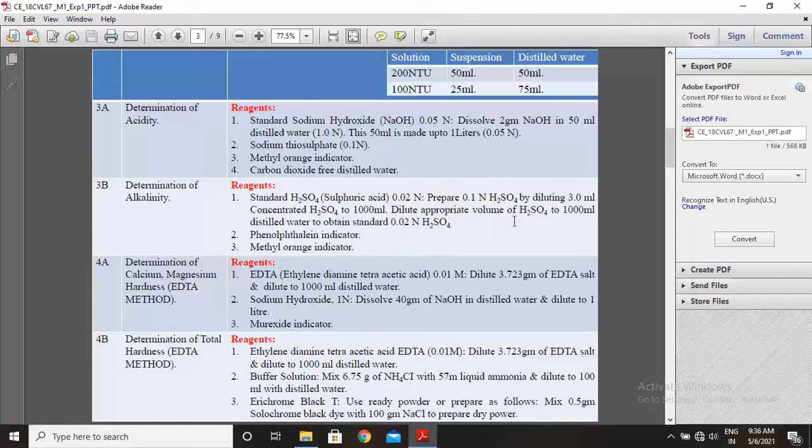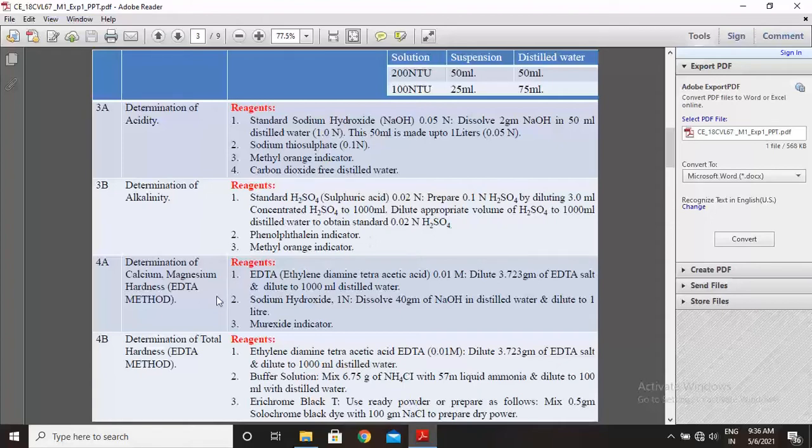Dilute appropriate volume of this to 1000 ml distilled water to obtain standard 0.02 normality sulfuric acid. Next, phenolphthalein indicator and methyl orange indicator are required. These are already prepared and procured for executing the experiments.